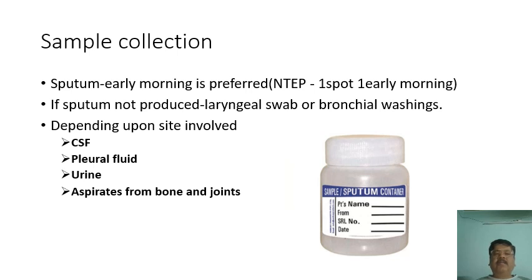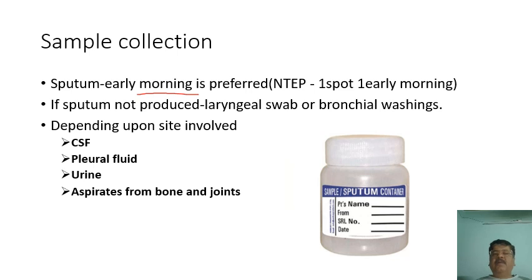The first is the sample collection. The early morning sputum sample is preferred because the mycobacteria are concentrated in the sputum in the morning. The tuberculous activity occurs in the overnight period, so the chance of a positive finding is increased when the morning sample is collected. In the old guidelines, 3 successive days' early morning samples were given, but the patient compliance was not there.